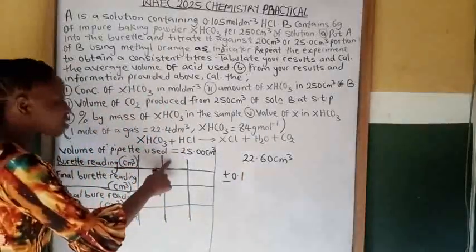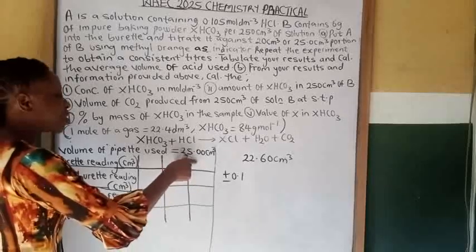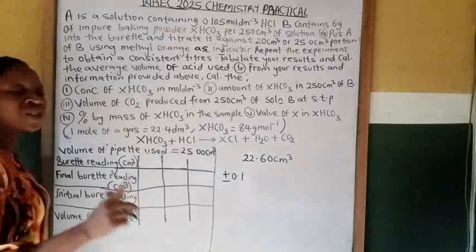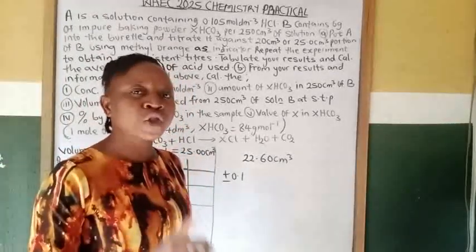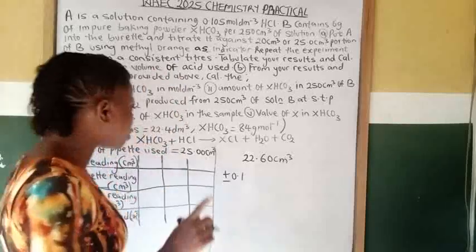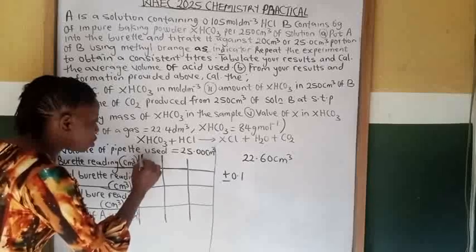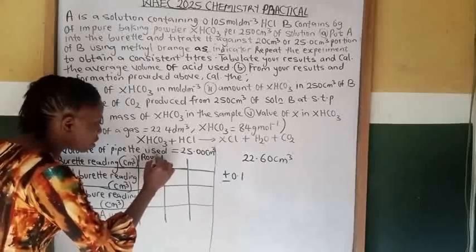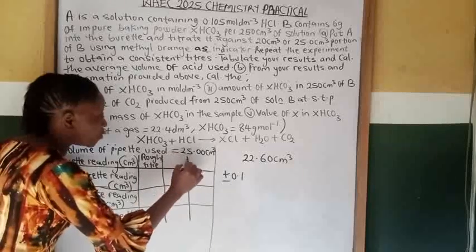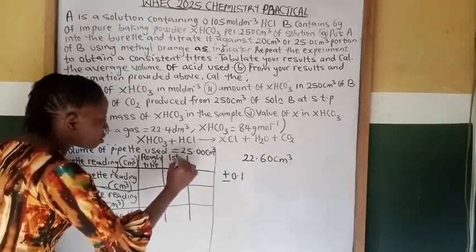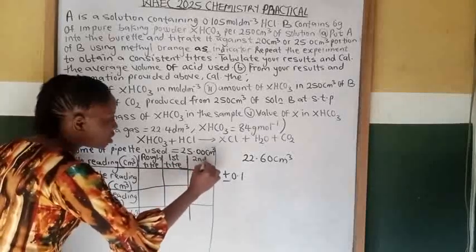That is, the difference between the first titre value and the second titre value must not exceed plus or minus 0.1. The first column is for rough titre, then the second column is for first titre, then second titre.